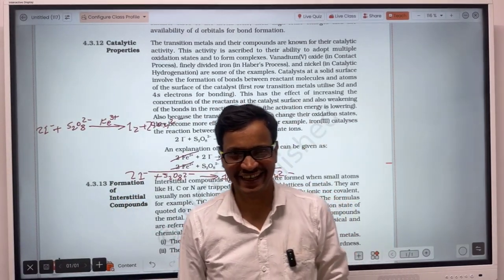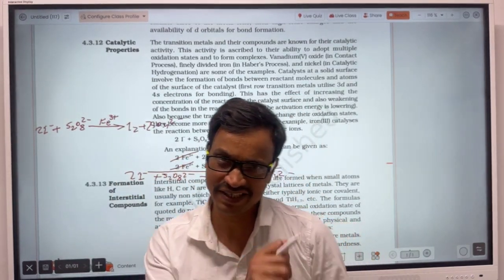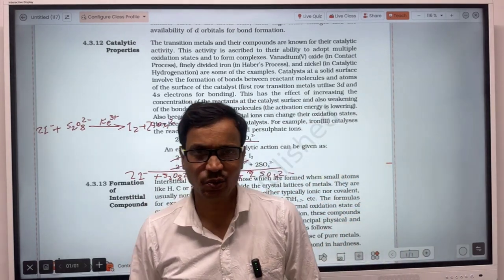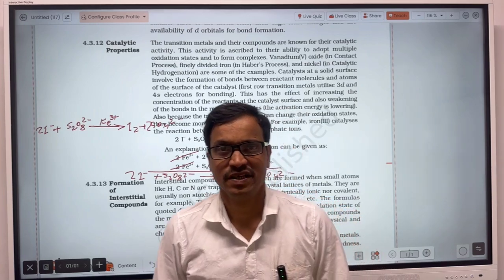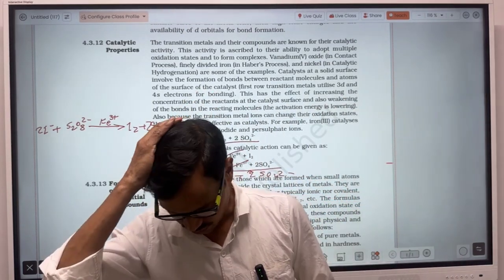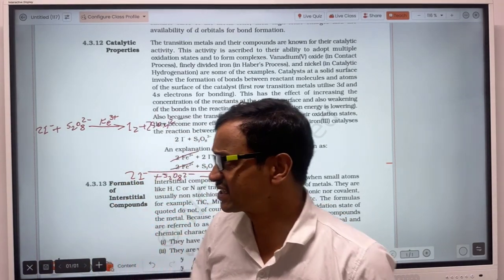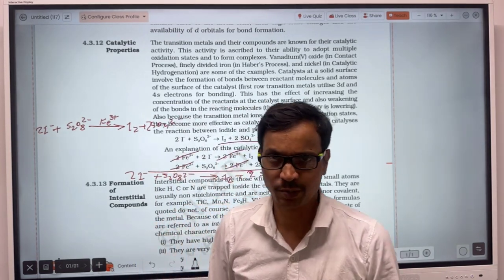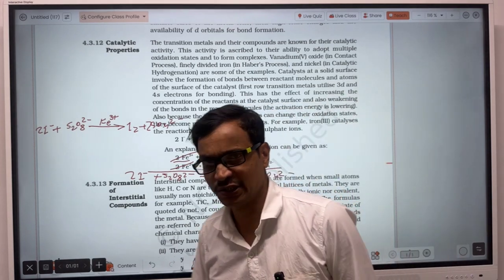So never say that the catalyst doesn't participate in the reaction. Catalyst participates in the reaction, and due to its participation, the value of activation energy decreases. The catalyst reacts with any one of the reactants, and d block elements show catalytic behavior. Why? Because d block elements have incomplete d orbitals, like Fe3+ here.